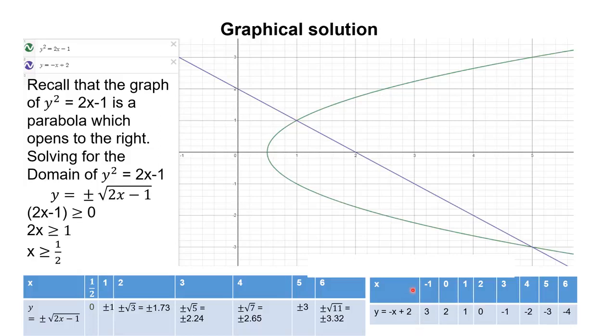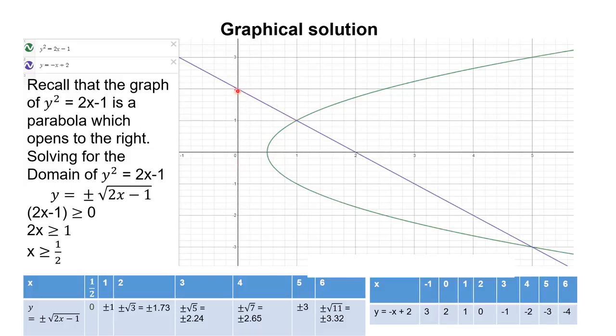From these values, when x is equal to minus 1, y is equal to 3. When x is equal to 0, y is equal to 2.